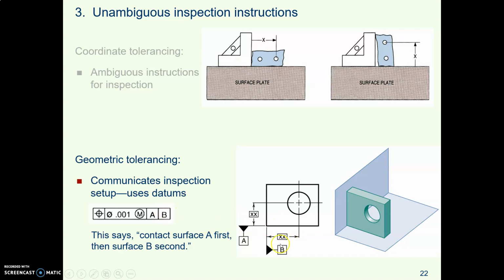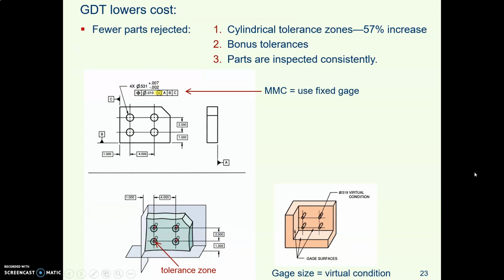B comes second, so that says second, snug B up against the precision square. Now with this kind of tolerancing, every inspector is going to set up this inspection the same way. They'll put surface A down first, they'll put surface B up second, and everybody will measure it the same.